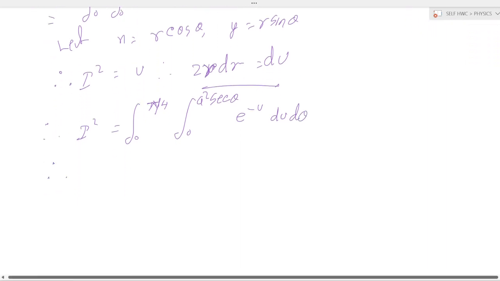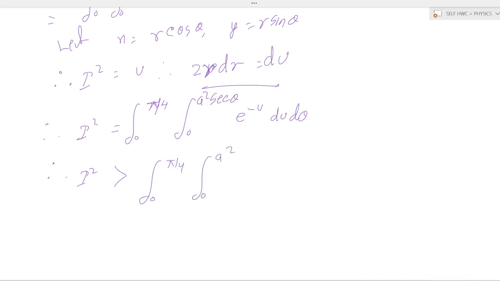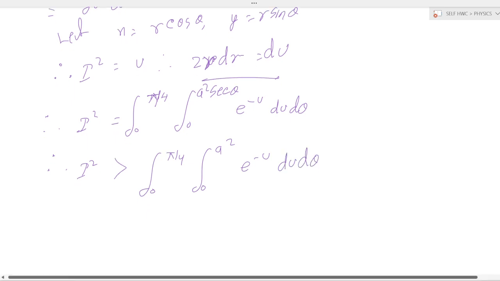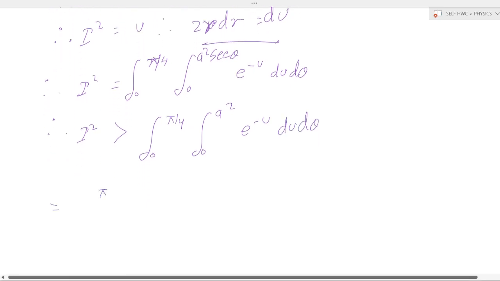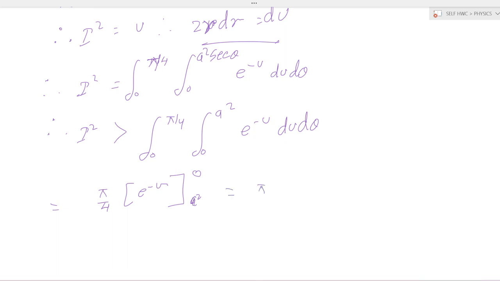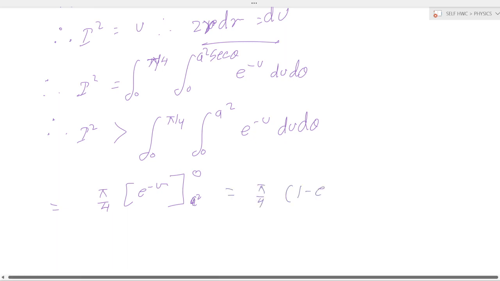Therefore I square is greater than integral 0 to pi by 4 and 0 to a square of e to the power minus u du d theta, which is equal to pi by 4 into e to the power minus u from a square to 0, which is pi by 4 into 1 minus e to the power minus a square.